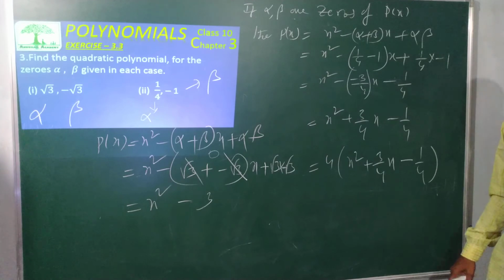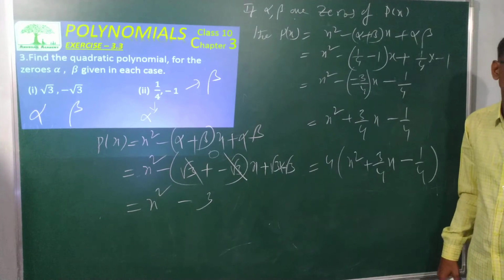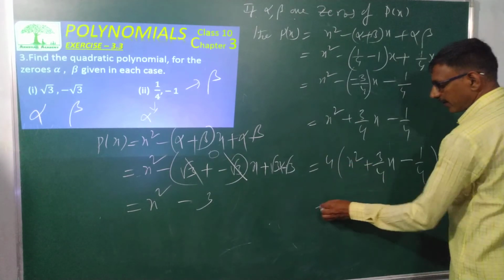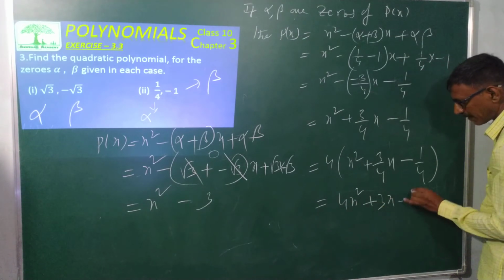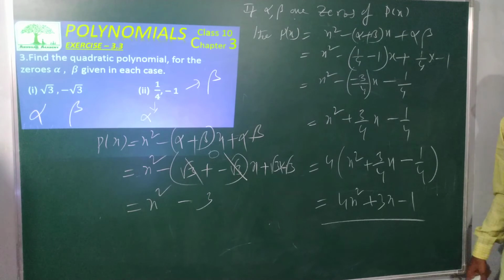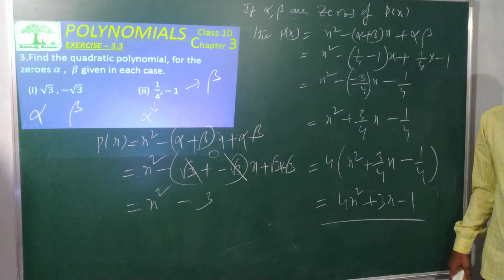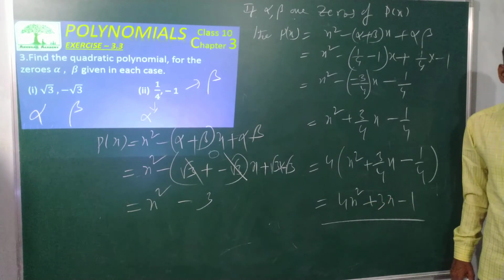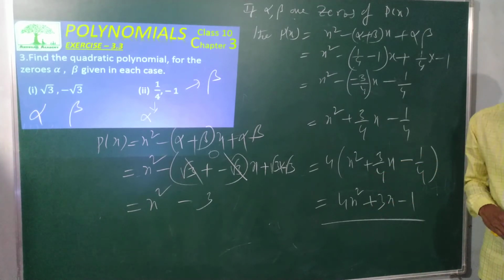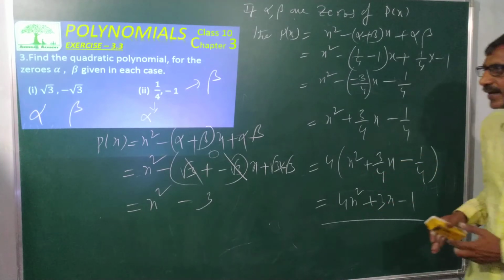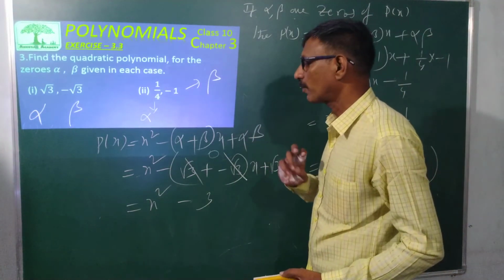Even the polynomial must get same zeros. We get 4x square plus 3x minus 1. This is my quadratic polynomial. It has same sum of zeros, same product of zeros. Even you find zeros of the polynomial, we get 1 by 4 comma minus 1.